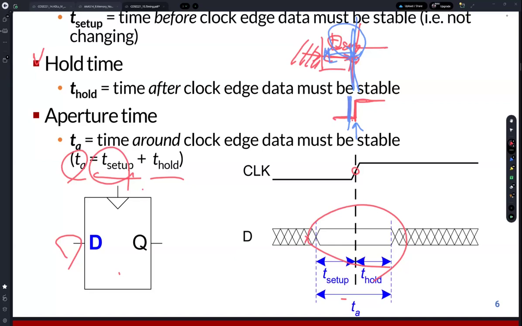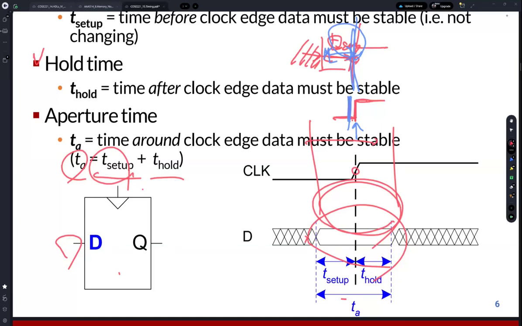Aperture means that the lens is open for a short time, and this is called the aperture time. So you can just understand that this is the shutter of a camera, and the object, the input signal, needs to be stabilized during the aperture time. So you can understand the timing property, the setup time and hold time, like this.